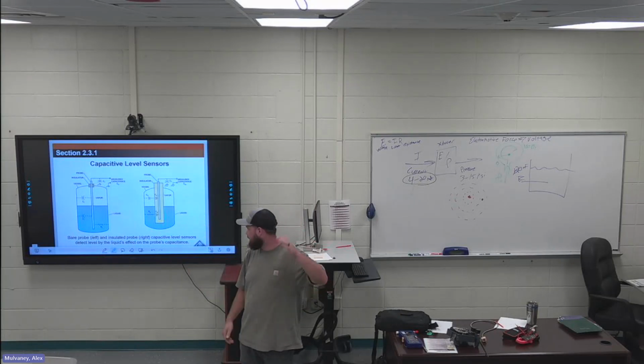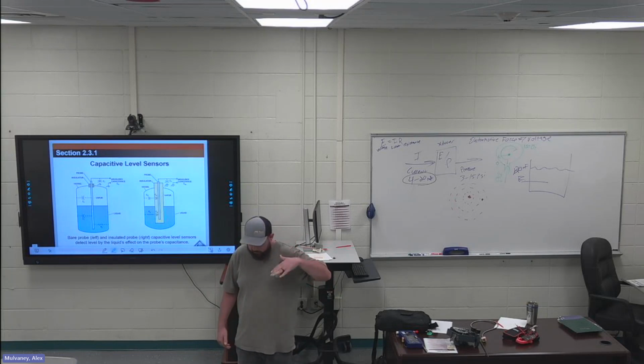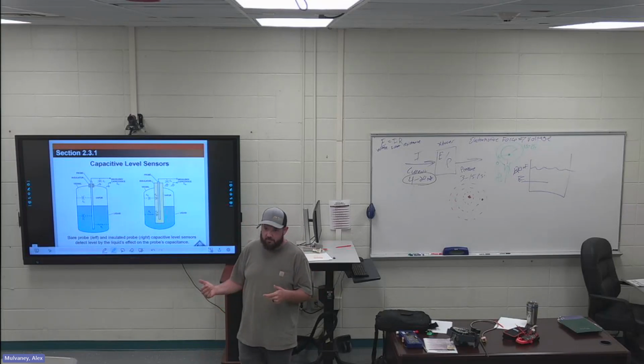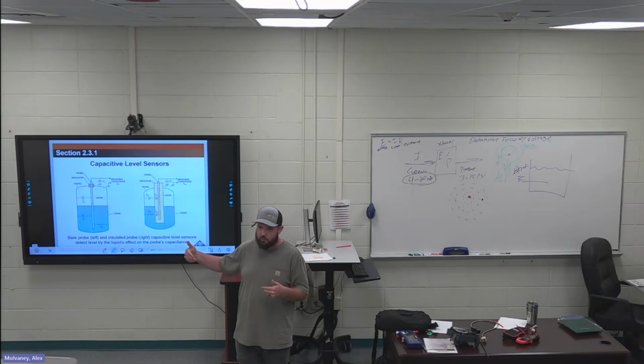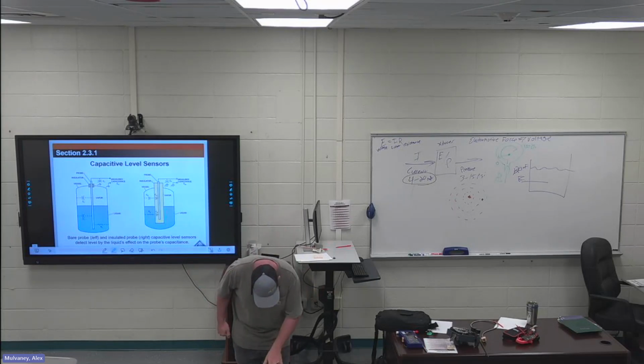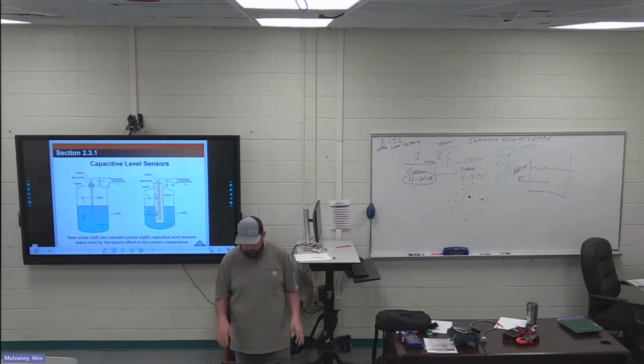So temperature can affect your readings. If you have water, the capacitance is highly affected by temperature. So you're not throwing in a fudge factor, but you're taking the temperature to do a correction factor. I think that's what compensation factors are.